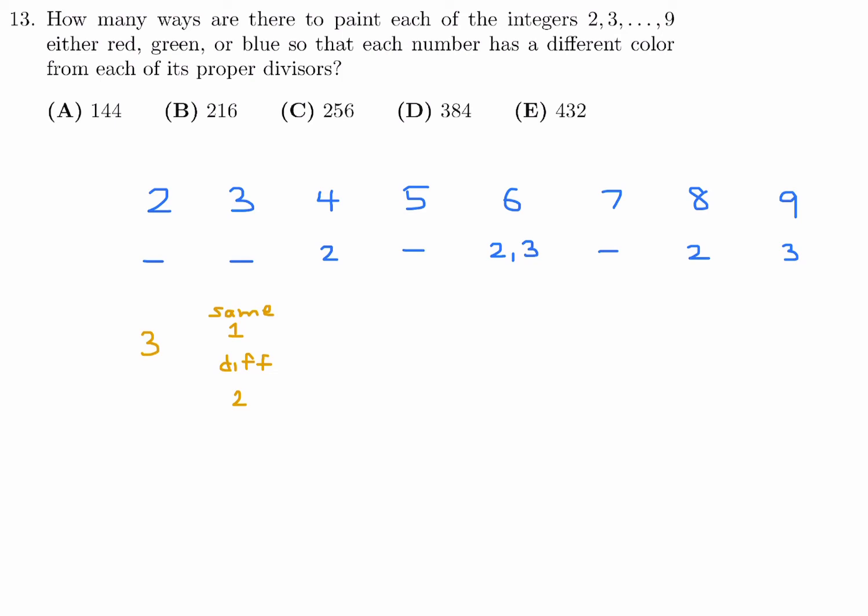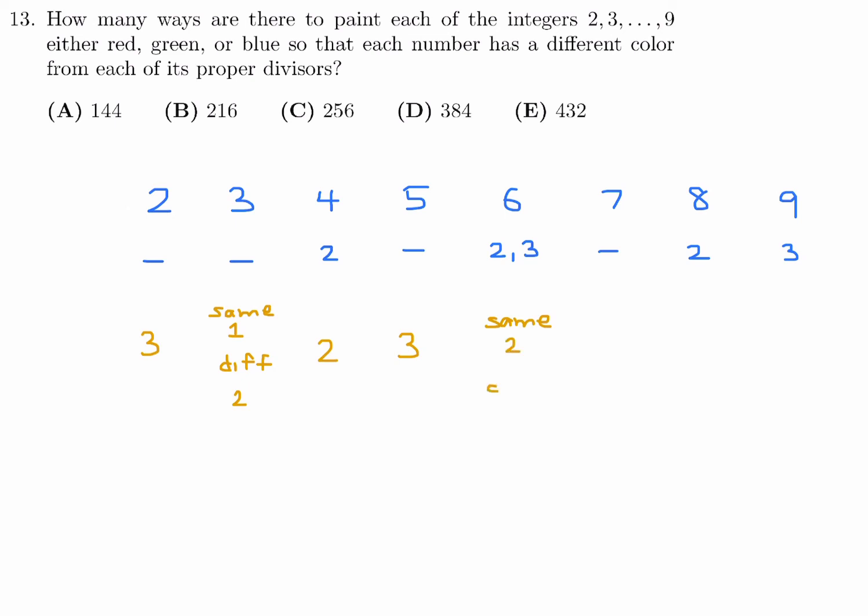For 4, I cannot put what the 2 was colored. I can put another color. So since there's 3 and 1 is already taken, I have two choices. Here I have 3 since that's just prime, so it has no proper divisors, so I don't have to worry about any proper divisors. 6 has 2 proper divisors. So if the color of 2 and 3 is the same, then I've got 2 choices for 6.